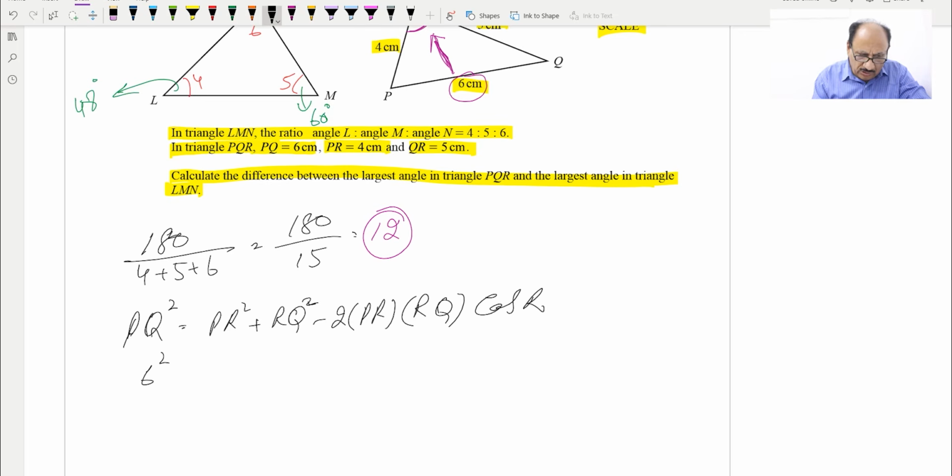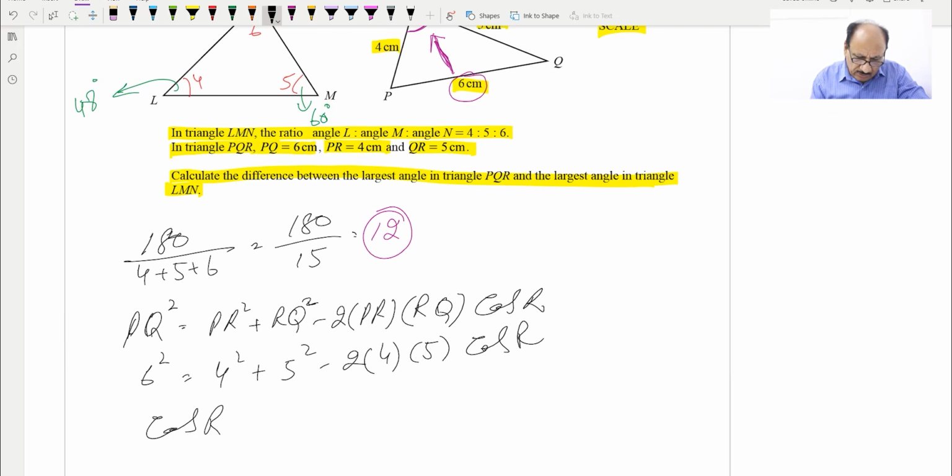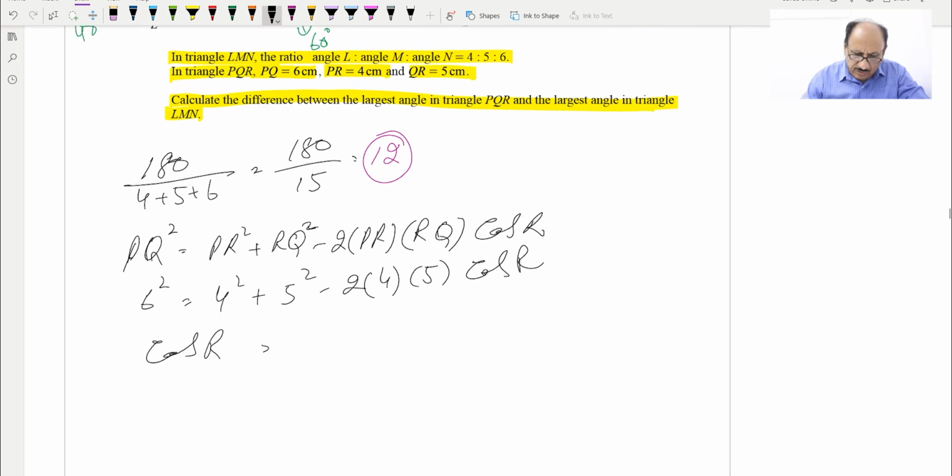So we'll write the values. 6 square is equal to 4 square plus 5 square minus 2 into 4 into 5 into cos of R, and we can shift everything. So cos R we will keep on that side, and the rest of the things we will be shifting to the other side.